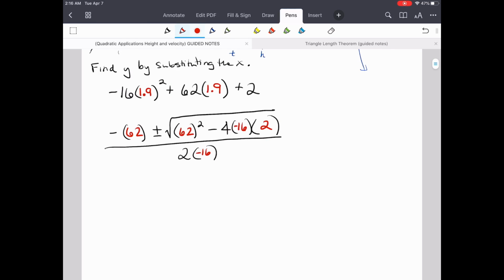Like I was doing yesterday, I'm going to try to break this down into as few parts as possible before we start doing any crazy arithmetic here.